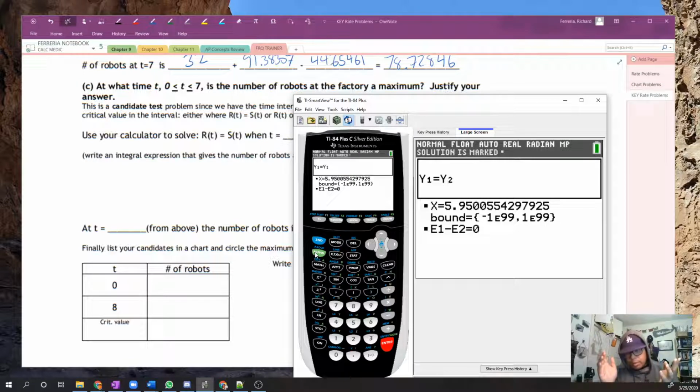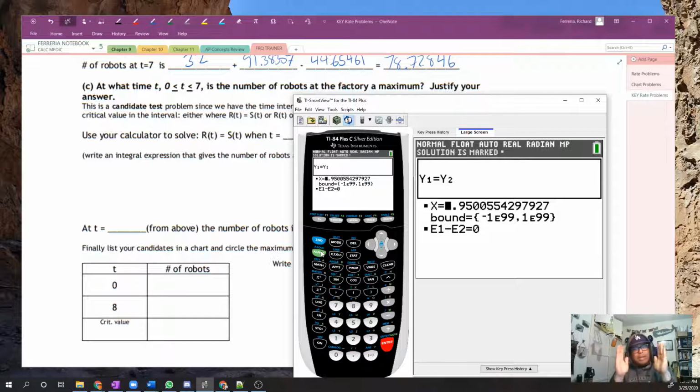Is there one closer? Is there more than one? Well, maybe we should try at 6. 6, alpha, enter. There's that same number, 5.95. So I'm pretty sure that's the only solution here. If you were nervous, I would definitely see about substituting 1, 2, 3, 4, 5, 6, 7.